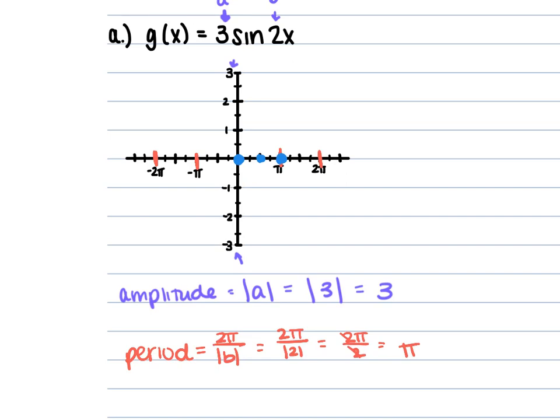This middle dash between your origin and the middle point, that pi over 2, is going to be the y value of that amplitude, which is 3. So your first point that's going to go up is going to be here. Then the middle point between your middle and your last point, which is where your period is, that pi, it's going to go down to negative 3.